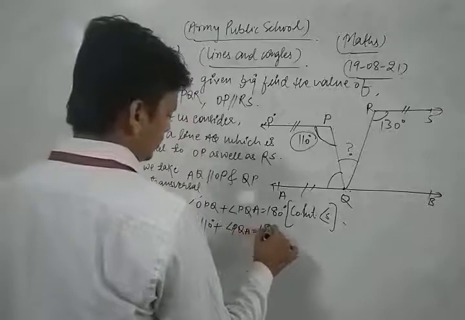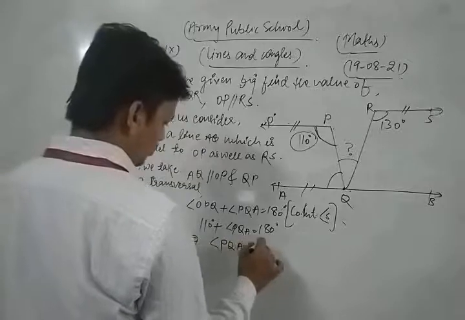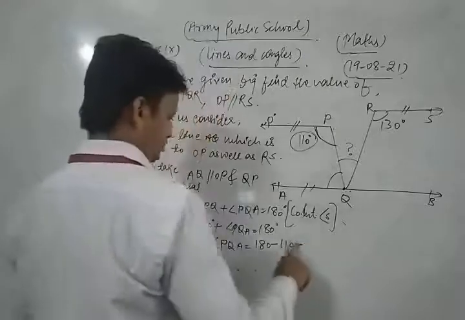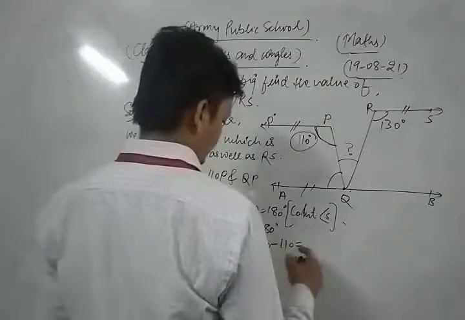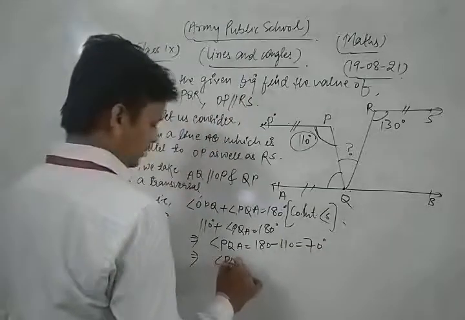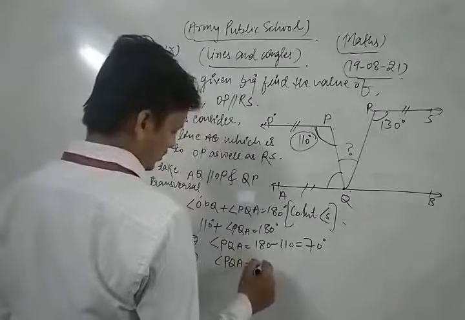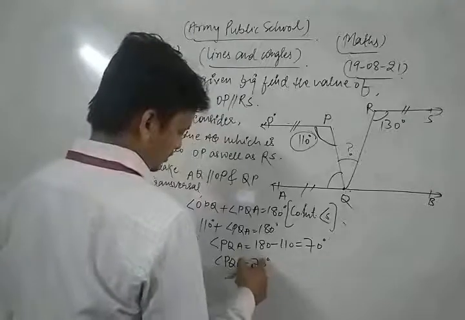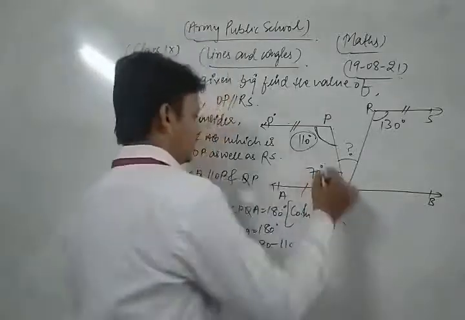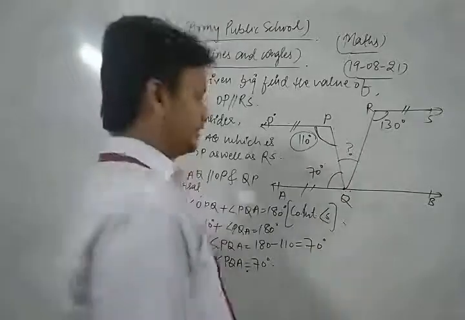Angle PQA is equal to 180 minus 110, that is 70 degrees. So this angle is 70 degrees.